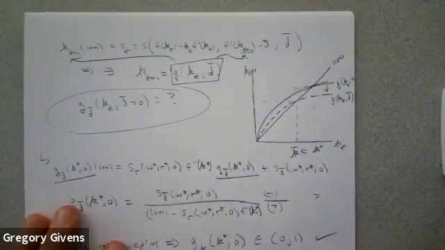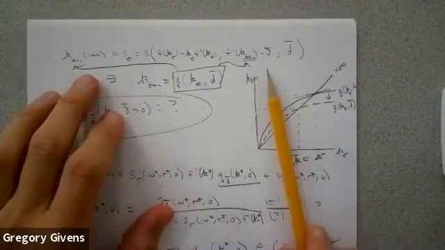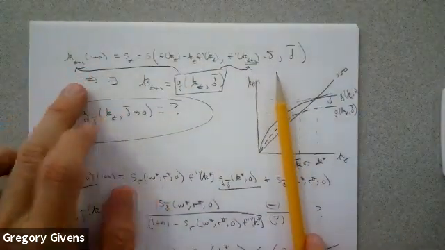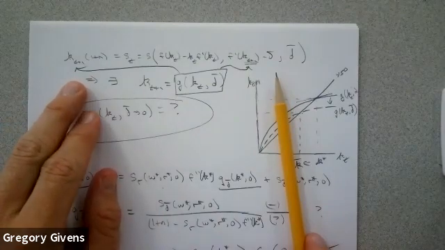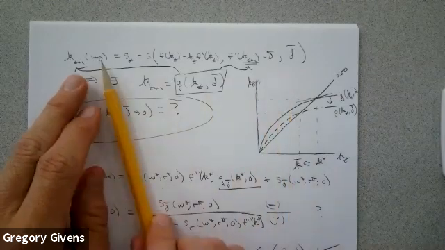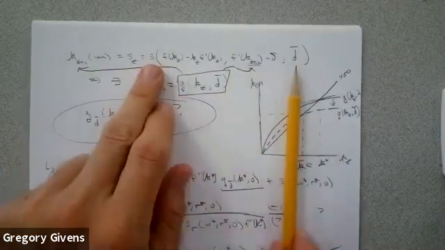Okay, so this is the law of motion for capital in the OLG model with Social Security, right? KT plus 1 times 1 plus n is equal to private savings.